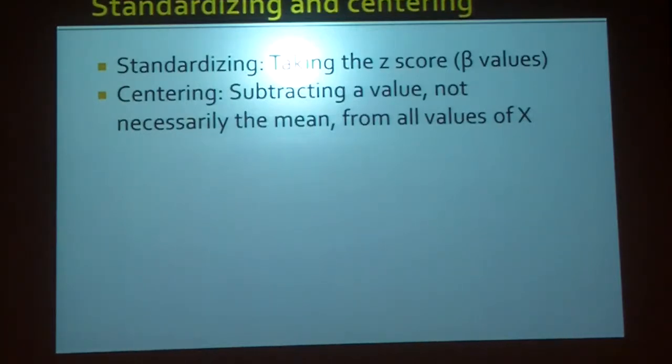You might want to subtract some other clinically interesting value, so that if you center on or subtract something like the clinical cutoff, then that's going to allow you to make a judgment about what predictions are made at that point in time. So I'll show you an example in a minute.